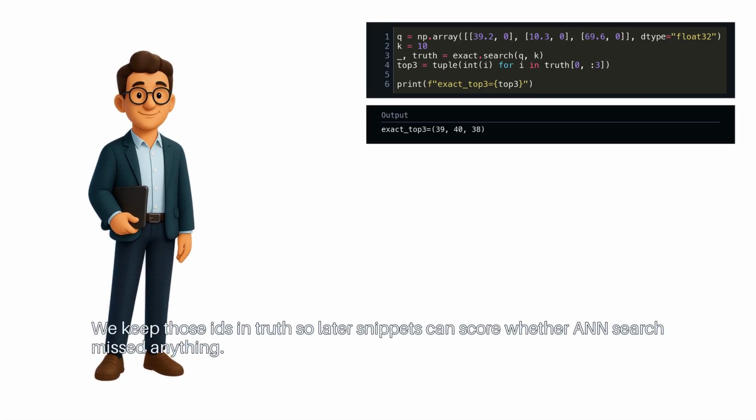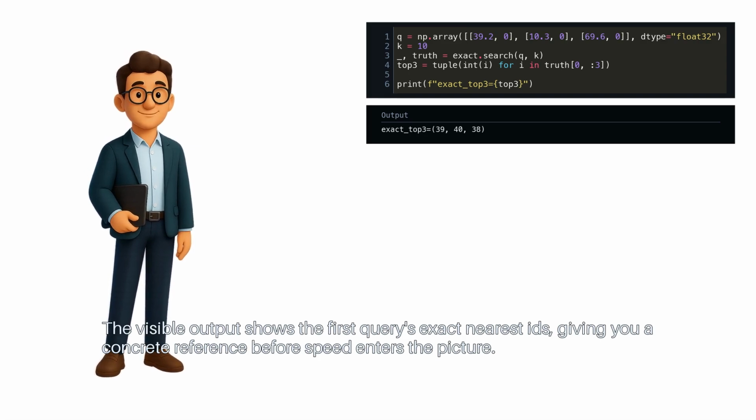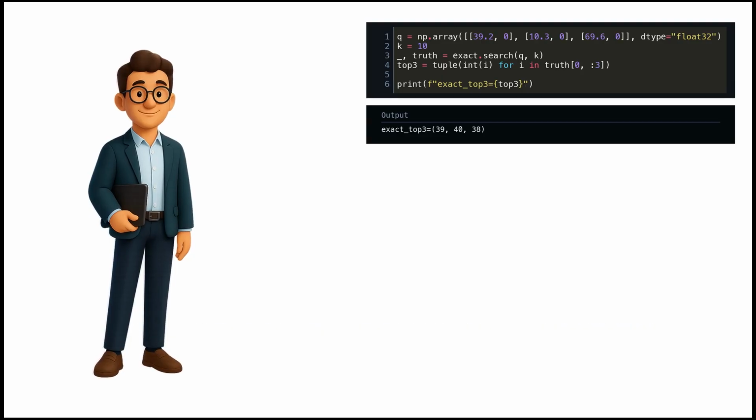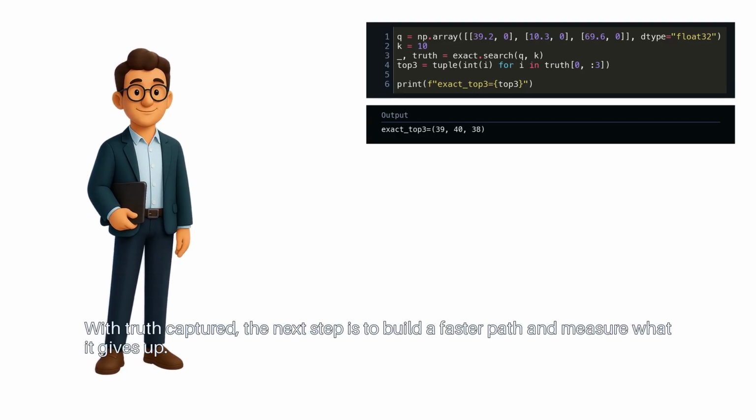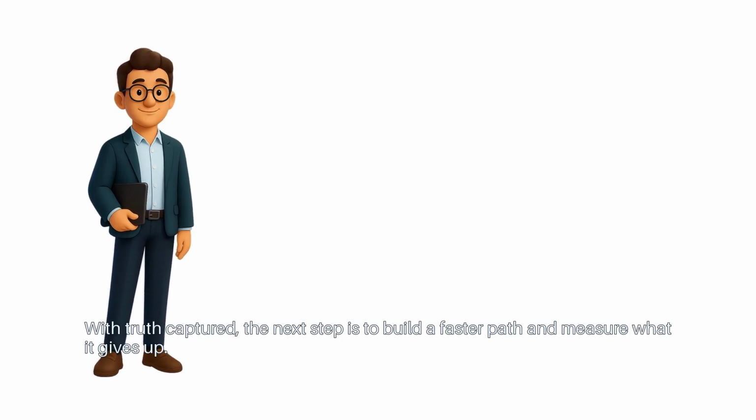We keep those IDs in truth, so later snippets can score whether ANN search missed anything. The visible output shows the first query's exact nearest IDs, giving you a concrete reference before speed enters the picture. With truth captured, the next step is to build a faster path and measure what it gives up.